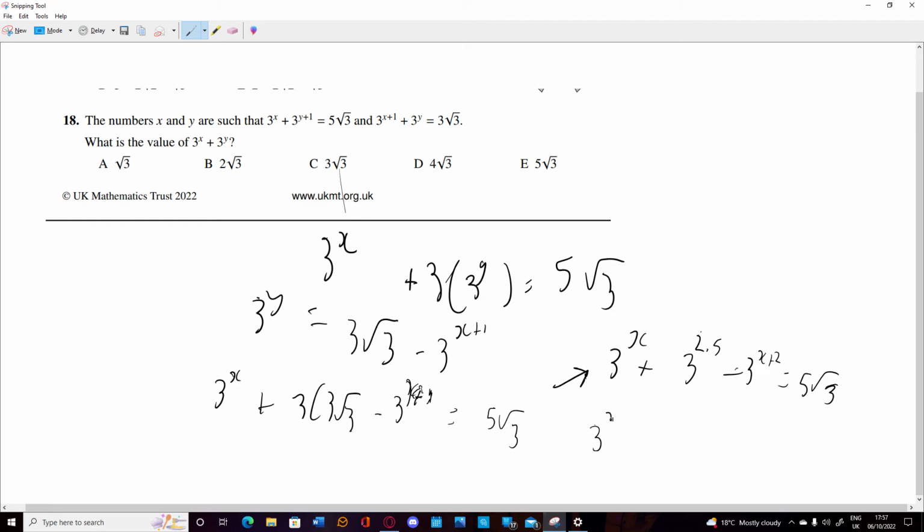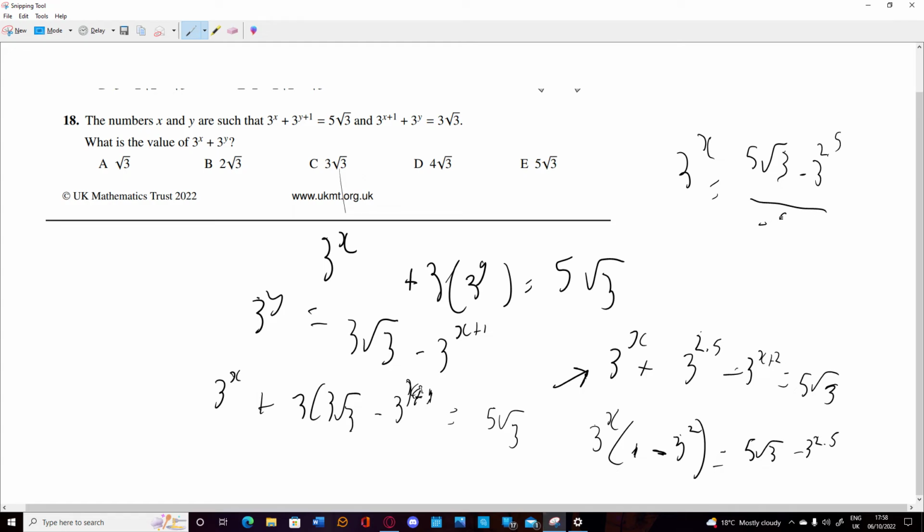We can factorize out 3 to the x, and then we get 1 minus 3 to the 2 is equal to 5 root 3 minus 3 to the 2.5. So we get 3 to the x is equal to 5 root 3 minus 3 to the 2.5 over 1 minus 3 squared, which is minus 8.